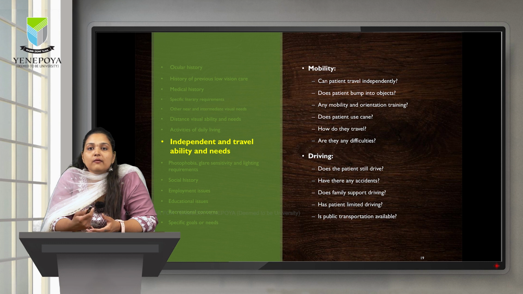So this is one thing a low vision specialist has to keep in mind. At every government place, like for example a railway station, if a low vision person shows a disability certificate, there is a concession for railway tickets. These kinds of information are not known to the public, to low vision patients. These can be shared by a low vision specialist with the patients.